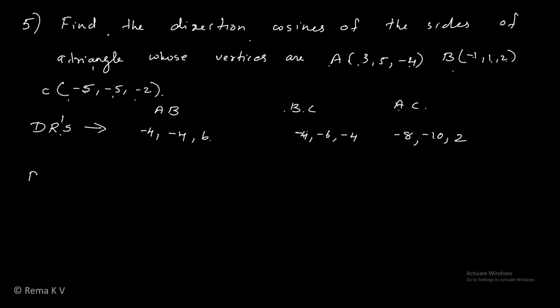So the direction cosines of AB are minus 4 divided by root of a square plus b square plus c square. Find the answer.